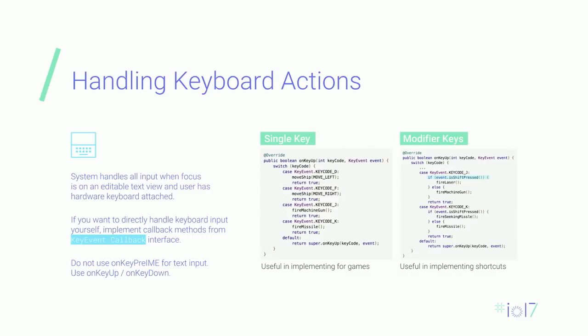You don't have to re-implement, of course, the text edit field. That is already there. But if you ever want to edit text, you should use onKeyDown, onKeyLongPress, and onKeyUp to do your text detection. Please don't use onKeyPreIme unless you really want to implement the full IME stuff. You don't want to do that. Please leave this to us and use only the standard key handling.